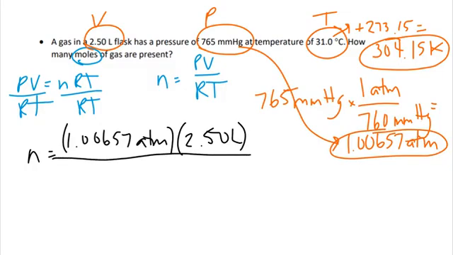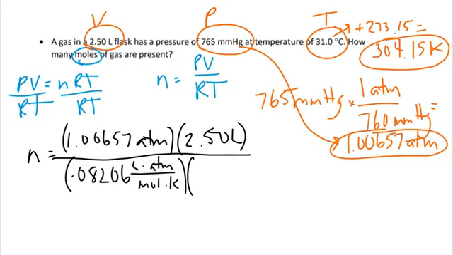So there's PV divided by R, 0.08206, which is L, liters atmospheres over moles Kelvin, over R times T, 304.15 Kelvin. Okay, now to solve this problem, make sure that you do the two top numbers multiplied by each other, the two bottom numbers multiplied by each other, and then do total top divided by total bottom.